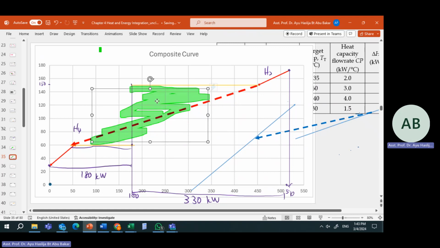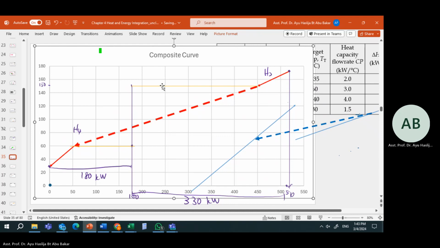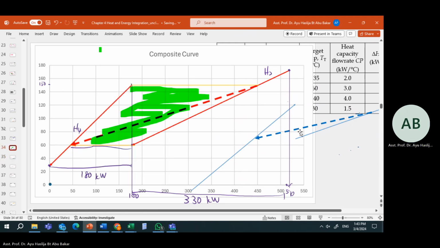Now you have one straight line of hot stream. Do the same for cold stream. Okay, so now we have cold stream.